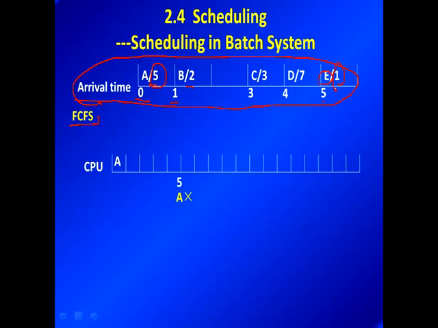After you represent the problem in this way, you can move on to the next step to schedule the same batch of jobs with even more different algorithms. So for FCFS, A starts execution at 0 and finishes at time 5.